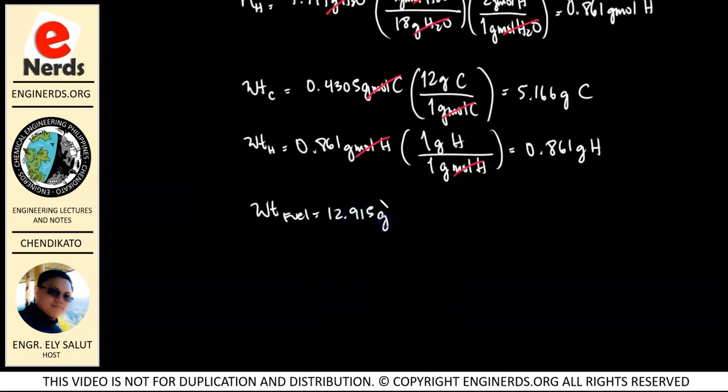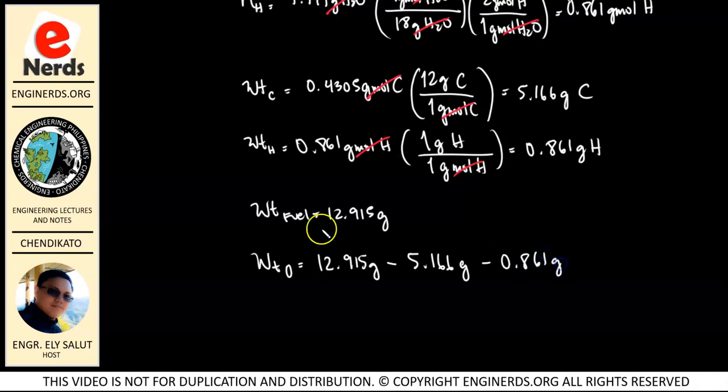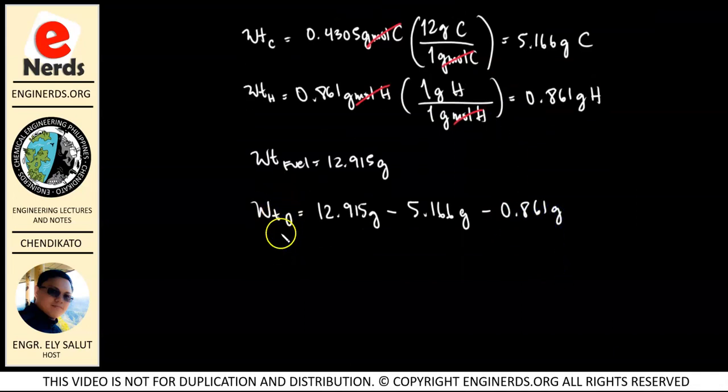So, therefore, yung weight ng ating oxygen sa ating fuel is equal to 12.915 grams, yung weight ng ating fuel. Subtract natin yung weight ng carbon, which is 5.166 grams. Then, subtract natin yung weight ng hydrogen, which is 0.861 grams. So, makukuha na natin yung weight ng ating oxygen. So, ano yung weight ng ating oxygen?